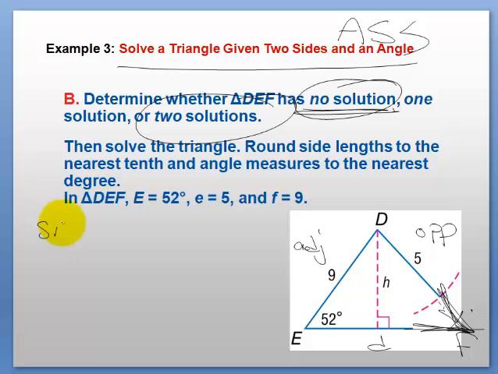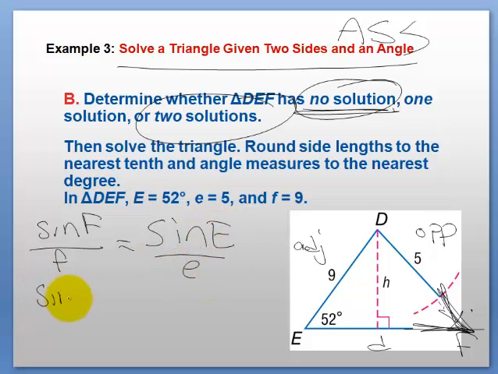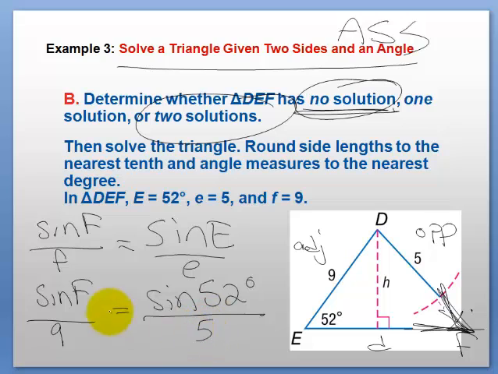So angle F, sine F over lowercase f, which is 9, and sine E over E. So I plug in what I know. I'm going to cross multiply.